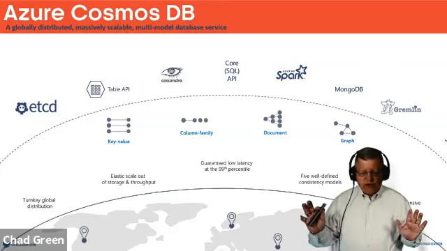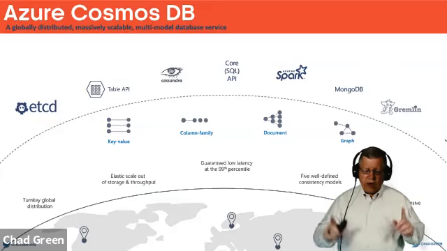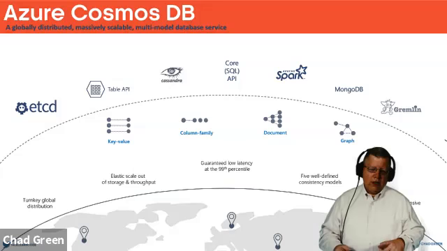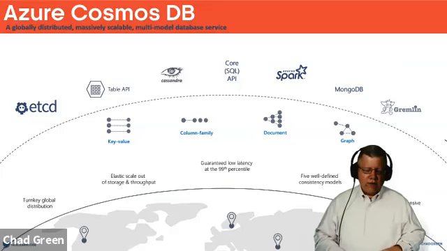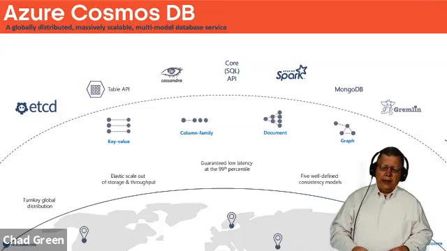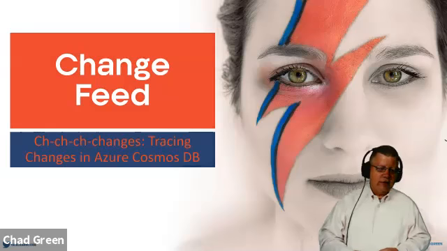Now, the one restriction here is that you can only have one data API per Cosmos account. So you have that limitation, and you can't change it once you've created it. But all right, so that's Cosmos in a nutshell.